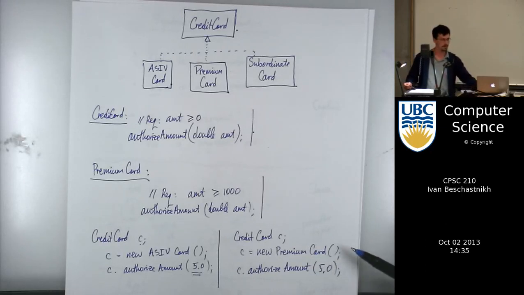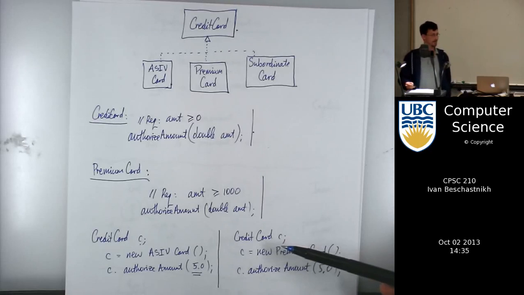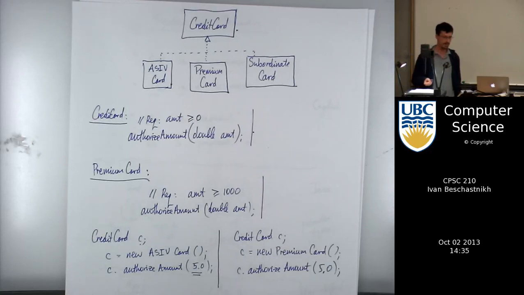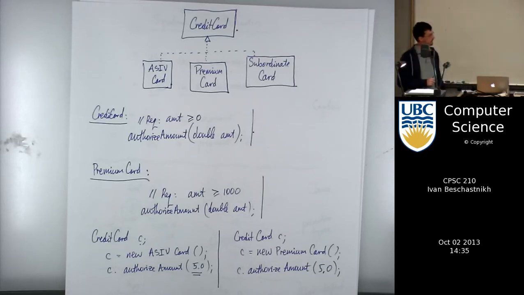But C's parent type is credit card. So if you look at the parent type of C, and if you look at its specification, right here in the code, it says amount has to be greater than 0. I didn't violate anything.